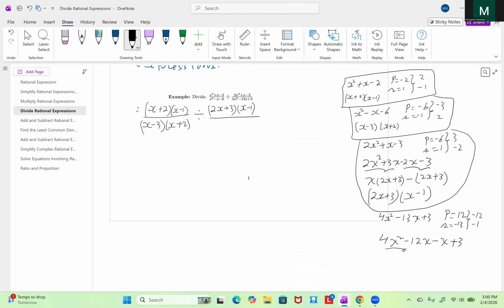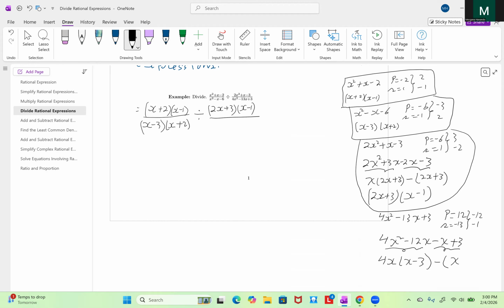Factor by grouping. We group the first two terms and we group the last two terms. Factor out the greatest common factor in each grouping. In the first group, 4x is the greatest common factor. Factor out 4x. We're left with x minus 3. In the second group, -1 is the greatest common factor. Factor it out.